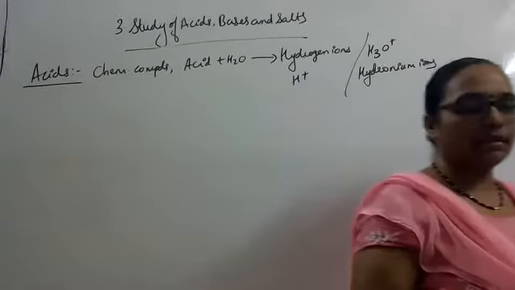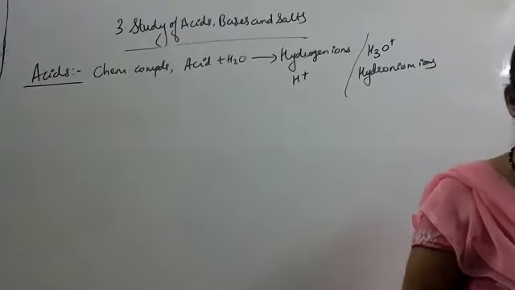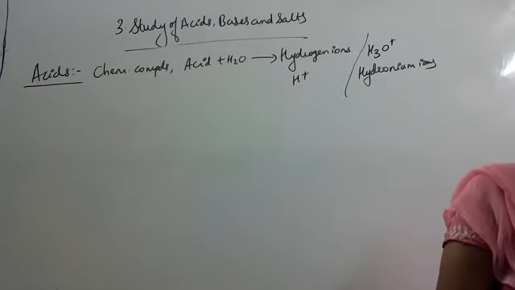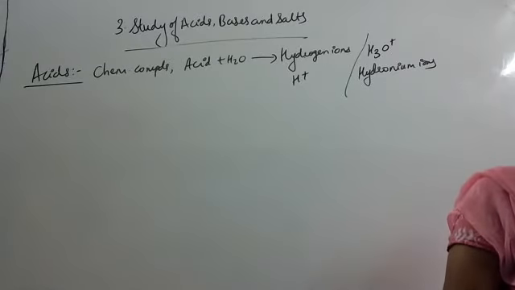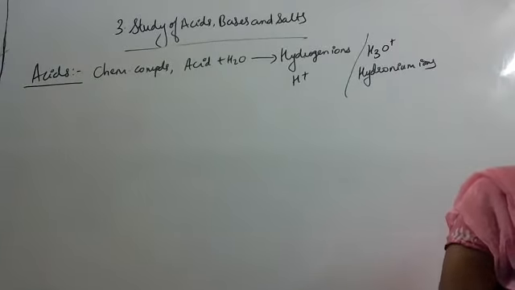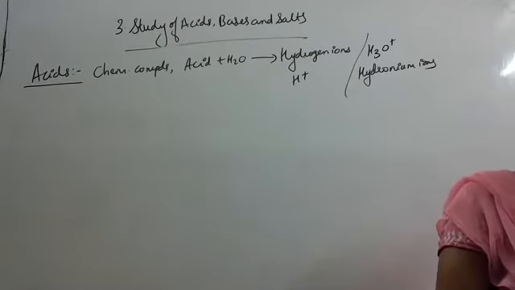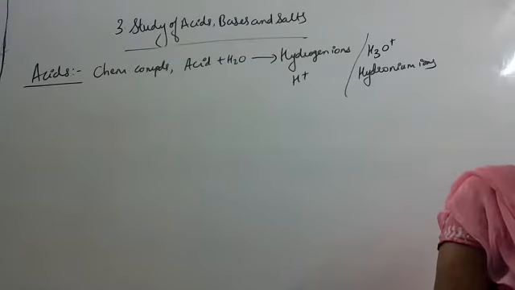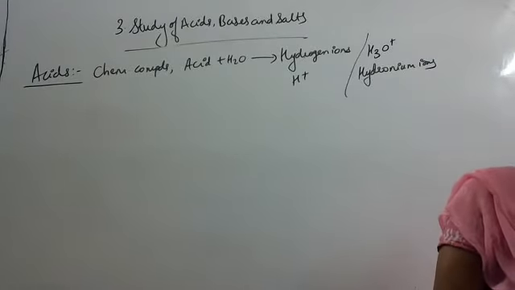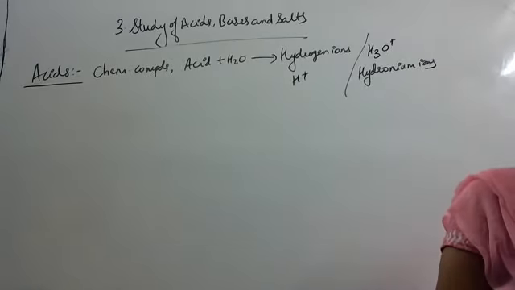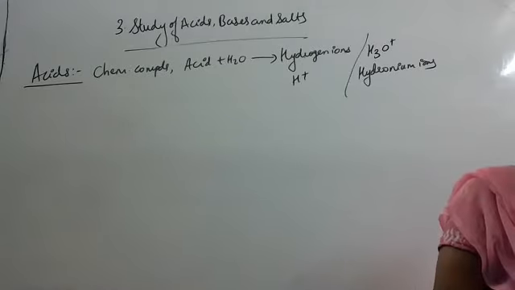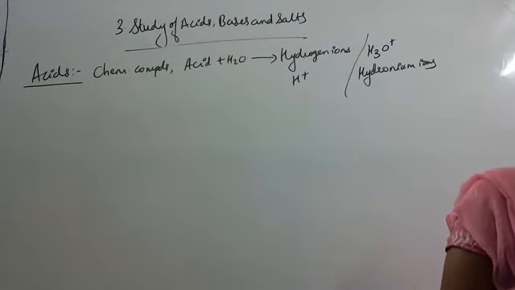Any acid when dissolved in water forms a hydrogen ion or a hydronium ion, with only positive charge. Whenever an acid reacts with water, it forms only two types of ion: hydrogen ion and hydronium ion. Both of them have positive charge.